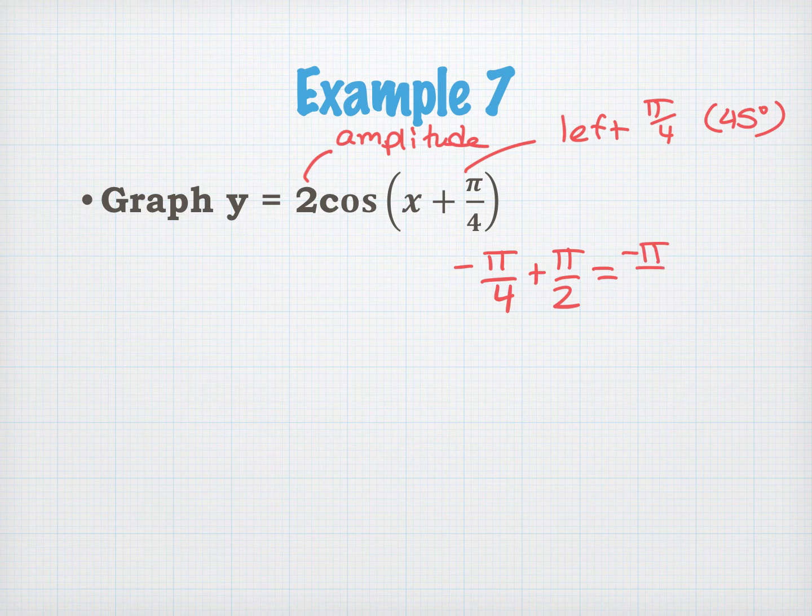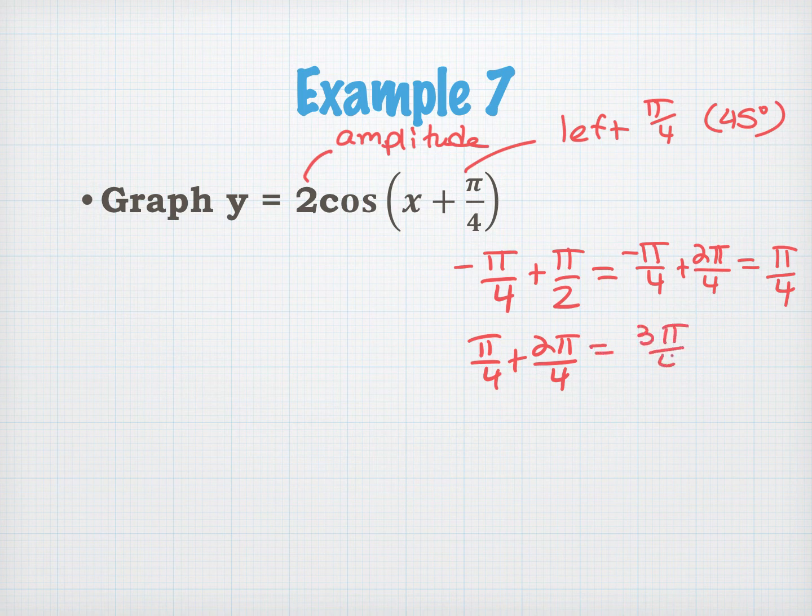So negative pi over 4 plus 2 pi over 4 leaves me pi over 4. I then take that pi over 4 and add another 90 to it. And again, with the common denominator, pi over 2 is really 2 pi over 4. And this becomes 3 pi over 4.